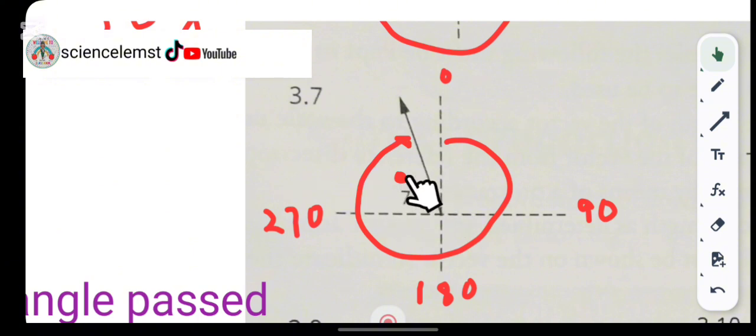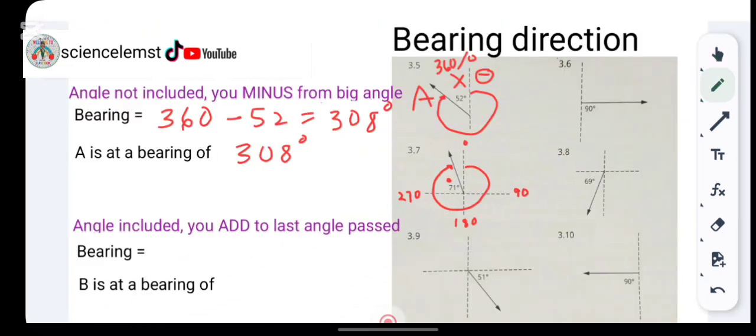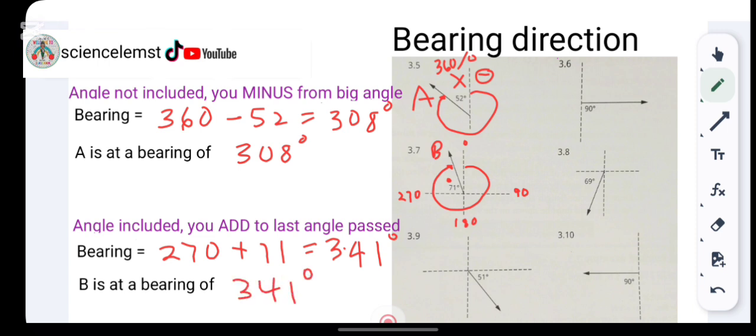To which one am I adding? To the last one that I passed. I passed 270. So the bearing here will be 270 plus 71, giving us 341 degrees. So if I name this vector B, B is at a bearing of 341 degrees.